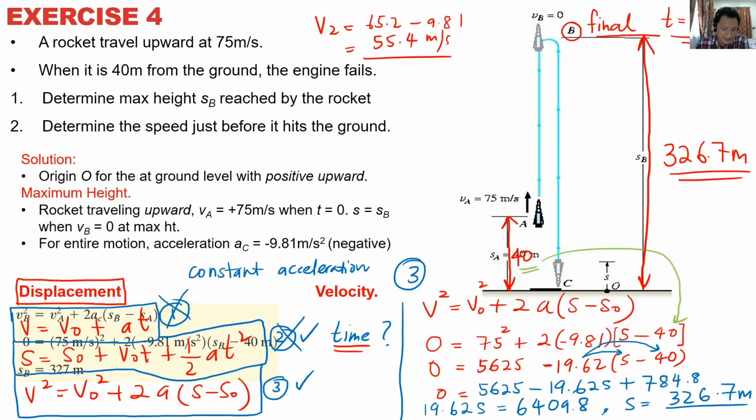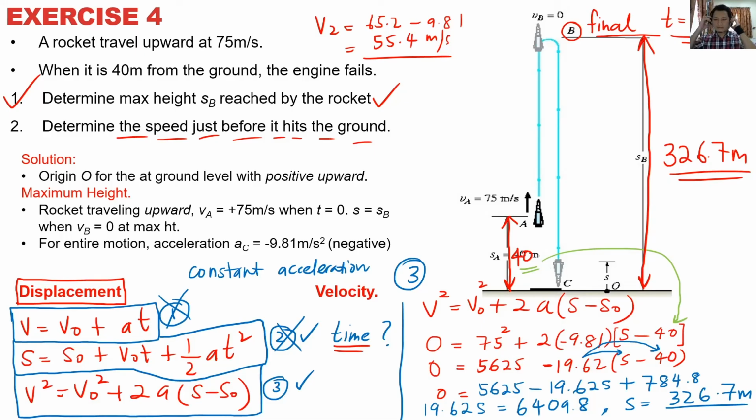Otherwise, how are you going to understand all this? It's very hard to understand by looking at these two steps. Okay, so what else? So number 1 settle lah. Number 1 done. Determine the speed just before it hits the ground.